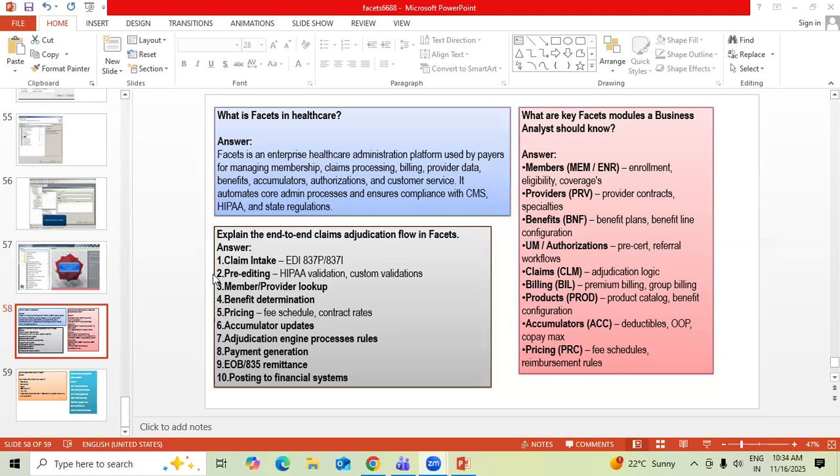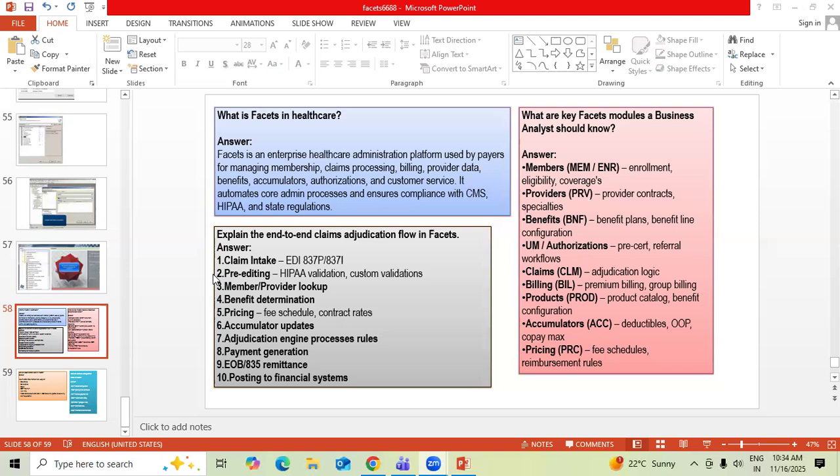Next, we have the accumulator updates, including claim adjudication engine process rules to process the claim. The condition of each claim varies depending on the treatment given, so there are business rules which must be configured in the system itself. Adjudication engine process rules are one of the key and important things we need to perform.